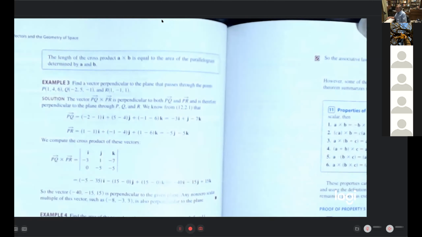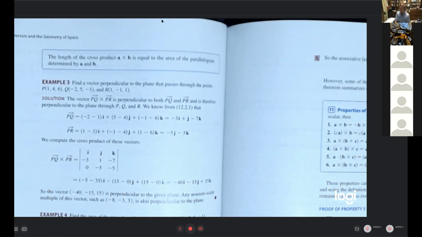So when I write norm A times norm B times sine theta, I'm giving you the area of a parallelogram. So in the book, he computes a couple of parallelogram areas. Those are easy to do. I think you're capable of doing the computations by basically what you see in the middle of the screen there: you take the numbers and you put them in a matrix if you like, and you do a cross product, and that gives you a normal vector. You take the length of it by taking the square root of the sum of the squares, and you get the area of the parallelogram.